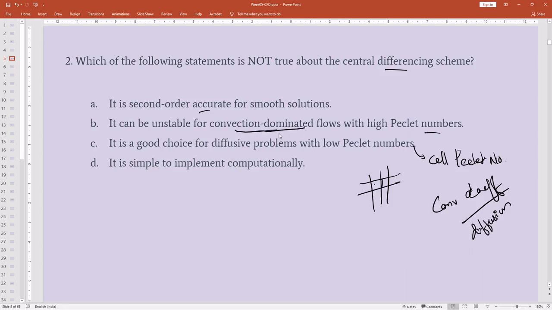So that is, we have a flow where in the flow we have both convection and diffusion happening.